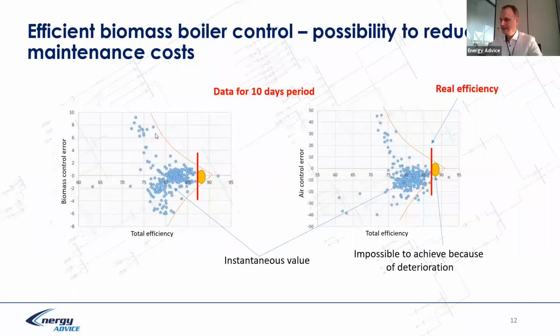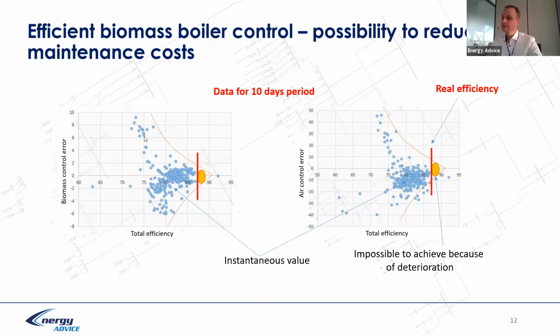So you can understand that an operator can operate the boiler at 85–87% efficiency instead of, without optimization, 75–80% efficiency. And here is our decision.